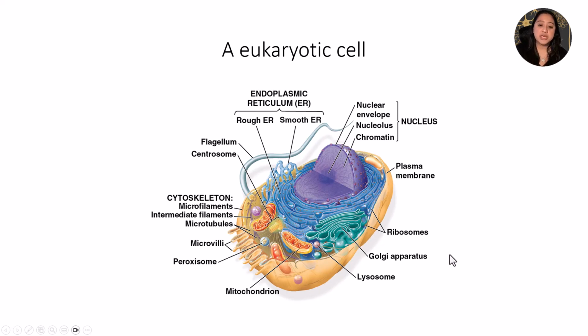Even though we show a model of a generic cell, not all cells look like this. Especially in different organisms, and in your body, even though we have eukaryotic cells, we have cells that might be specialized for specific purposes. They might have more or less of certain organelles based on their purpose in the body.